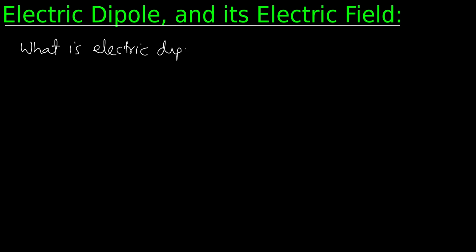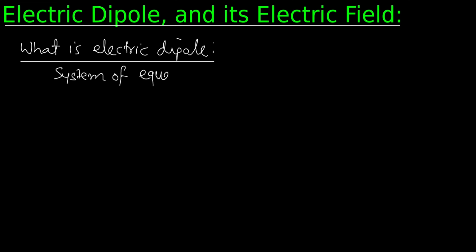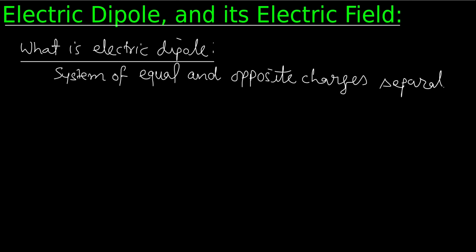So electric dipole is a system of two equal and opposite charges separated by a small distance.